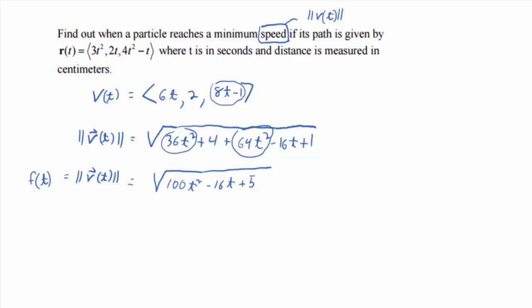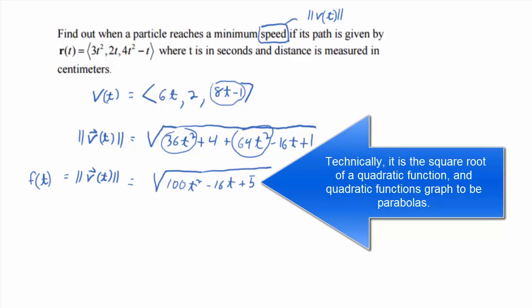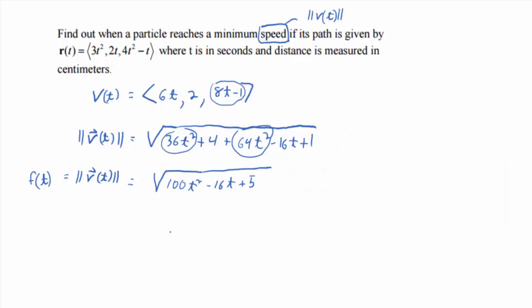So here's the thing. Do you want to see the hard way or the easy way? This is a square root of a parabola, basically, right? So would you believe that wherever the parabola hits a minimum value, whatever t value, I'm not saying the minimum value is going to be the same, it won't.